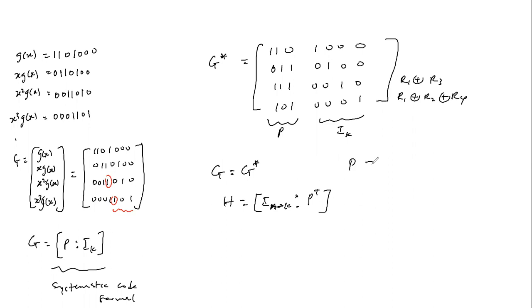So here, the parity matrix is 1, 1, 0, 0, 1, 1, 1, 1, 1, 1, 0, 1. And the transpose will be 1, 1, 0, 0, 1, 1, 1, 1, 1, 0, 1. Right?